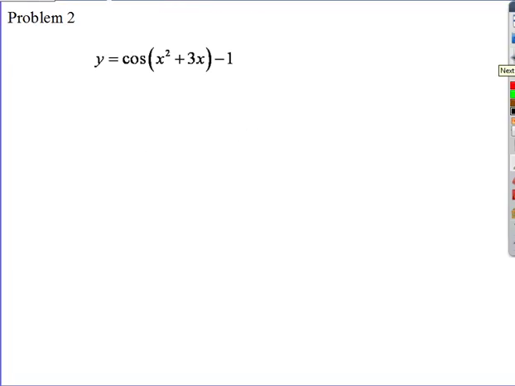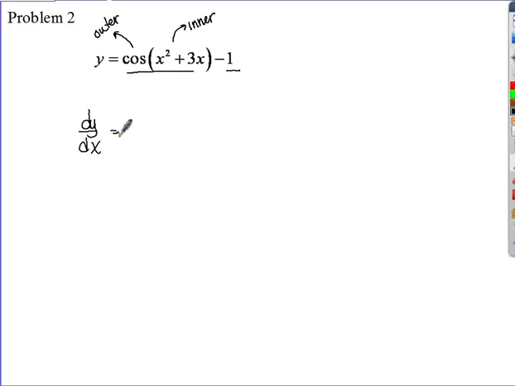Problem 2. y equals cosine of x squared plus 3x, all minus 1. So we're finding dy dx. We actually have two terms here. We have cosine and we have minus 1. So we're going to need to use the chain rule for cosine. Cosine would be our outer function, and x squared plus 3x would be our inner.